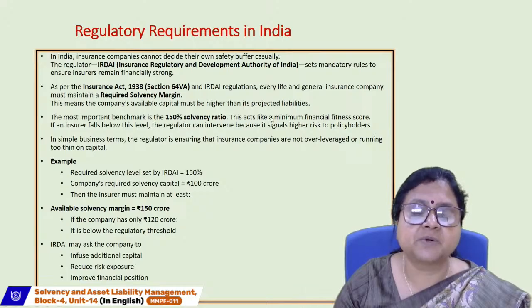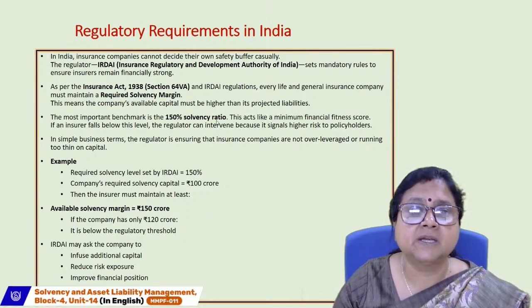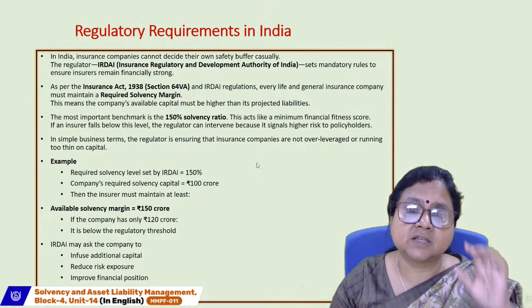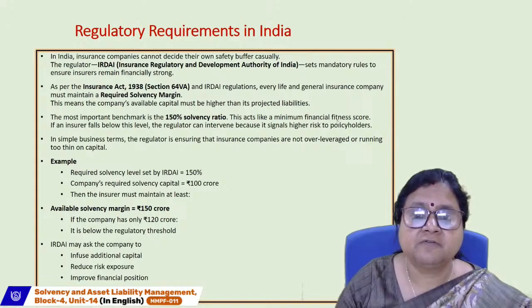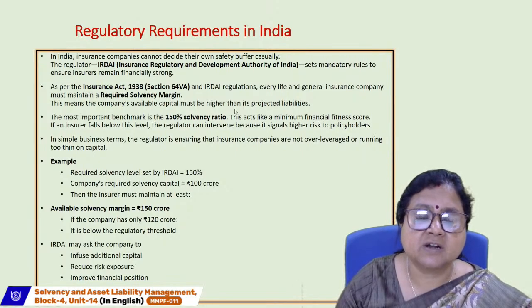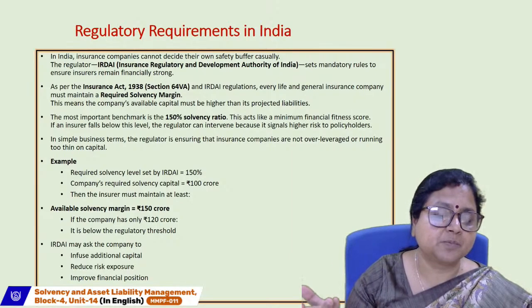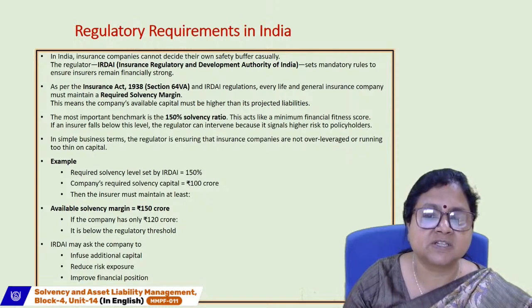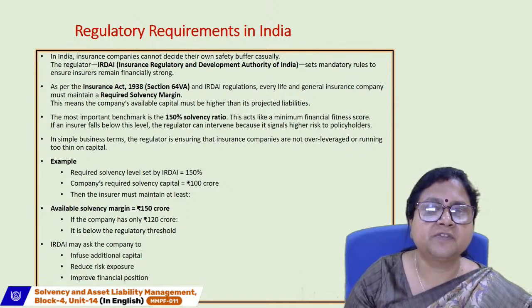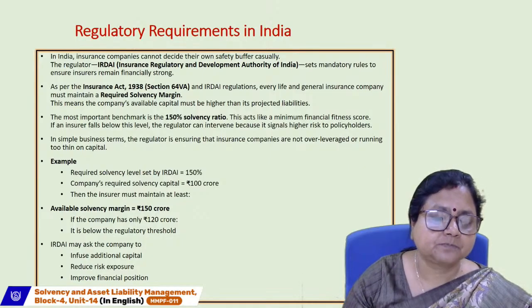So the 150% solvency ratio has been prescribed by the Insurance Act 1938. This acts like a minimum financial fitness score. It can be beyond that, but if you keep more, the cash may remain idle. But 150% is the minimum fitness score for any insurance company.